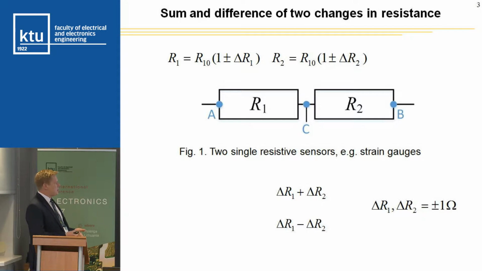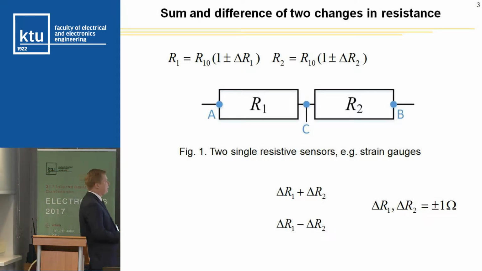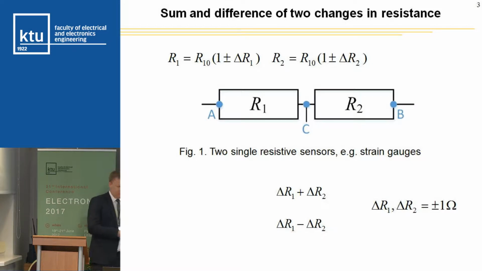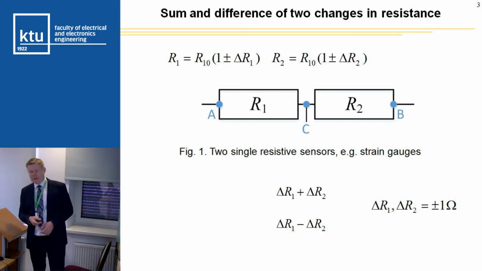So what do we measure? Firstly, we measure little changes in resistance in this range. I mean, we measure the sum of two changes in resistance and the difference of two changes in resistance. It can be two strain gauges, and as you can see, this difference can be positive or negative, because the range is plus minus 1 and plus minus 2 in fact.